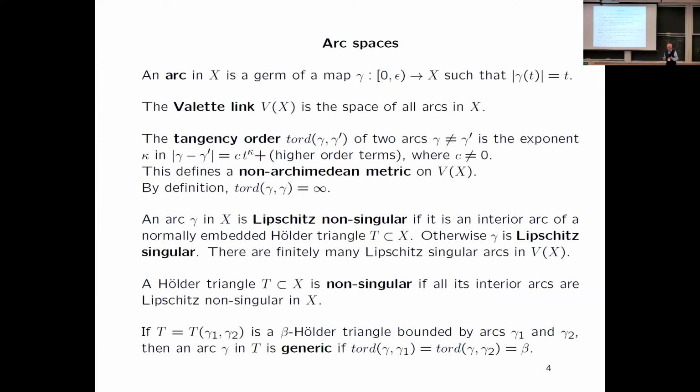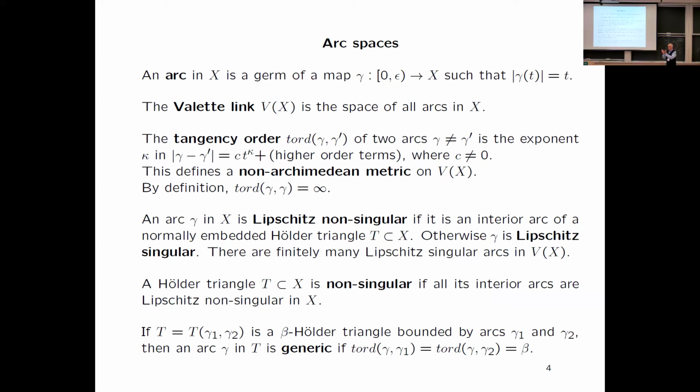So the advantage of working in this space is that there are a lot of outer Lipschitz invariant subsets. Unlike our original set X, there are lots of outer Lipschitz invariant subsets in this Valette link. So there are singular arcs, and actually there are Lipschitz singular arcs with respect to the outer Lipschitz metric, which are maybe topologically non-singular.